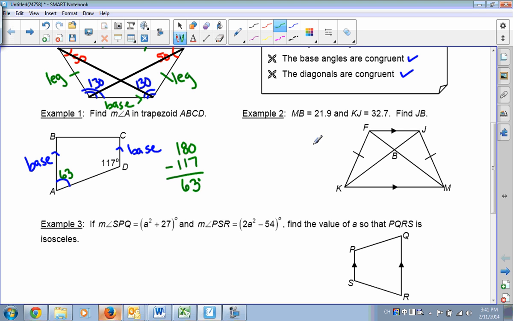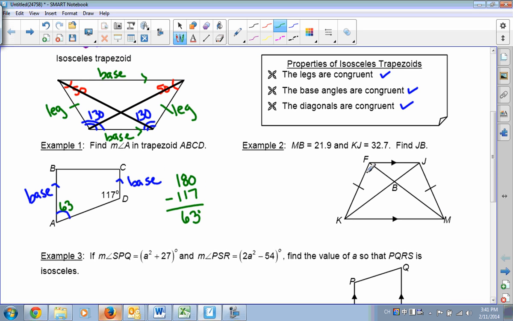Okay. Number 2. What do we got here? What are those? Diagonals. And what do we know about diagonals? Especially because these are isosceles, because the two legs are congruent. So diagonals are also congruent in every part. So FB is congruent to JB, KB is congruent to BM.